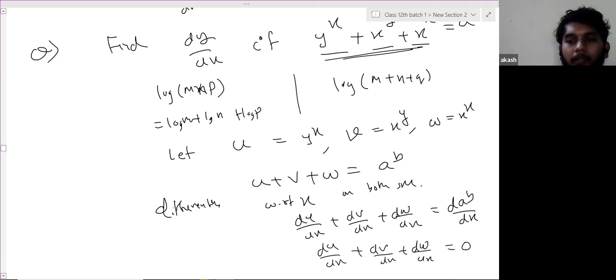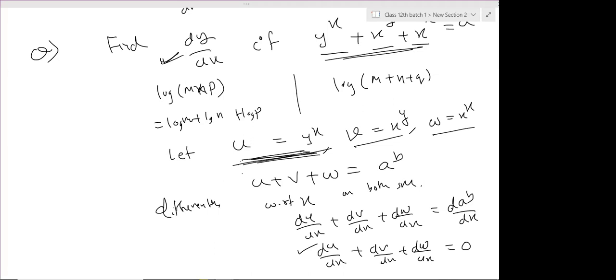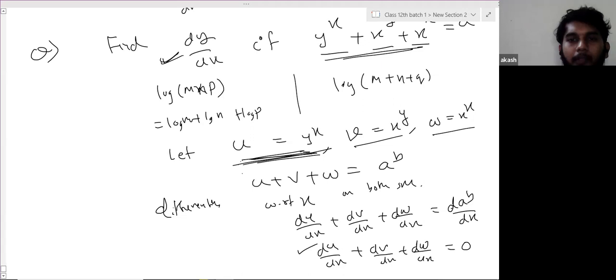This is constant and differentiation of constant function is 0. Now what we can do, differentiate this individually, right? Find du by dx from this, dv by dx from this, dw by dx from this, and put the values here, and we can find the answer of this question, dy by dx. This thing is clear or not? Everyone, this is clear what we did here?